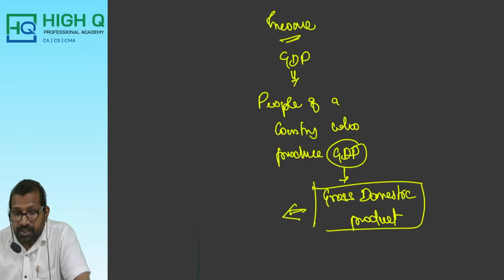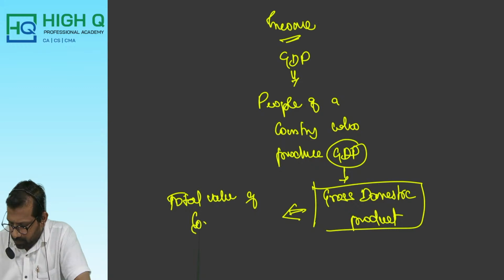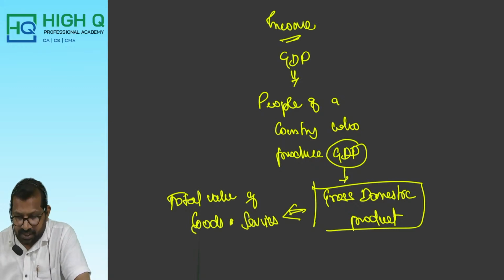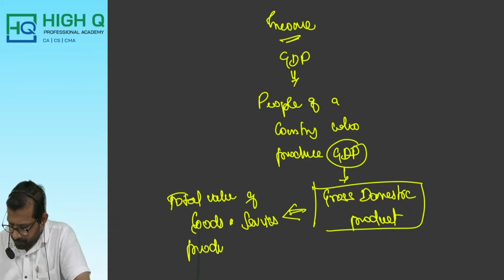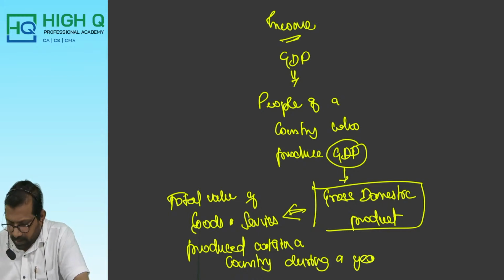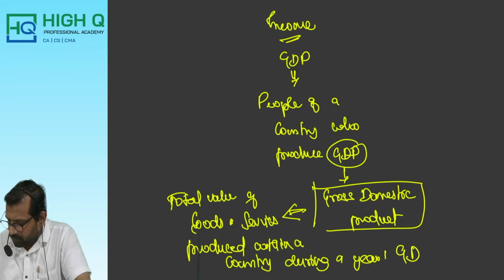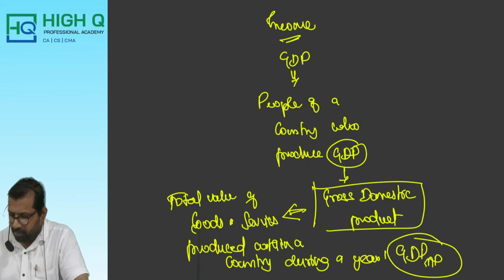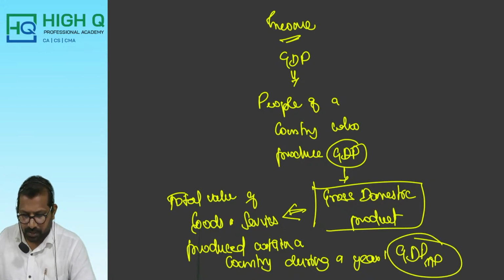The meaning of GDP: the total value of goods and services produced within a country during a year. GDP is at market price.